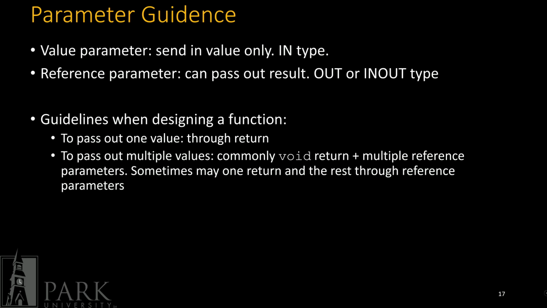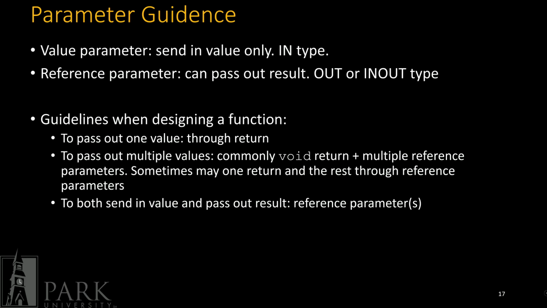If we need to pass out multiple values, set its return type to void and use multiple reference parameters. Another possible design is to have one value from the return and the rest through reference parameters. And if we need one single parameter to both send in a value and pass out a value, then you're going to use a reference parameter.